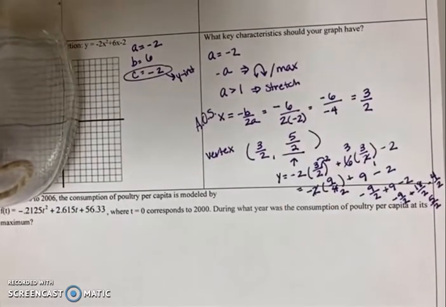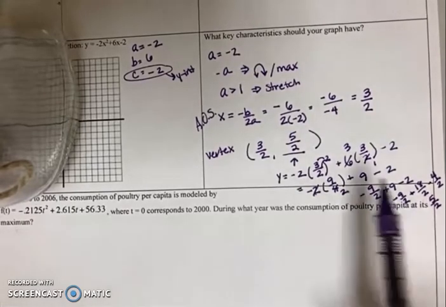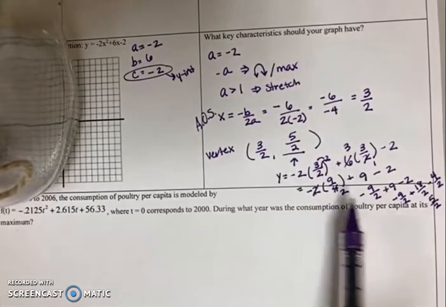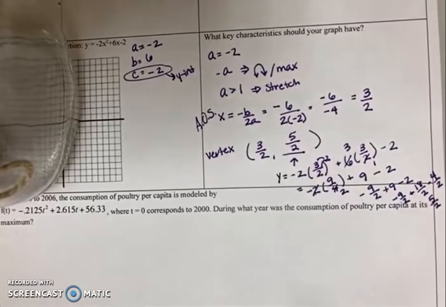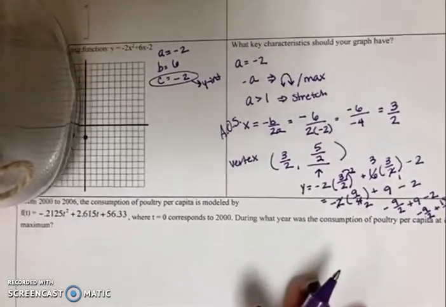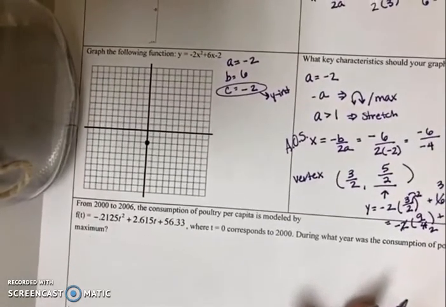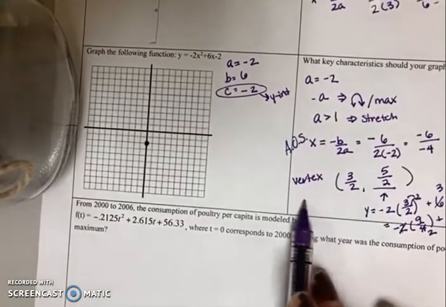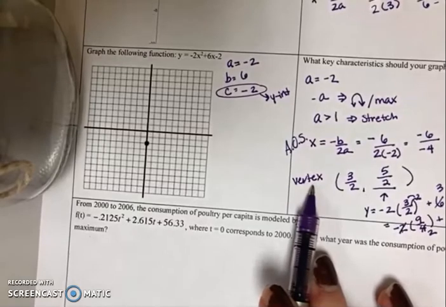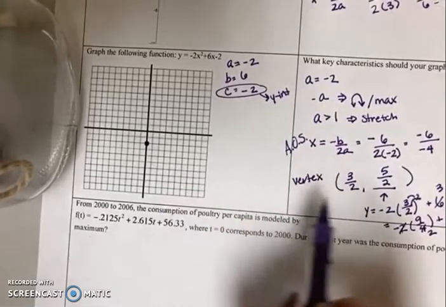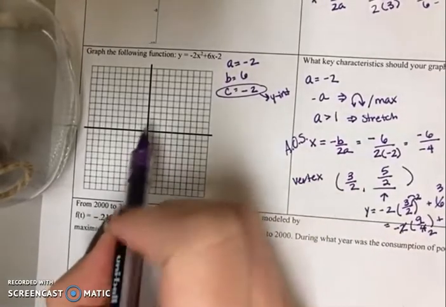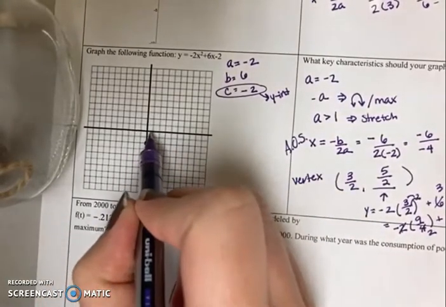Again, you could have plugged that into your calculator. I just wanted to review a couple of concepts that we're going to be coming back to and using a lot later on. Okay, but for now, let's go back to our graph, and we need to plot a point for my vertex, which is at positive 3/2, so that's 1 and 1/2.